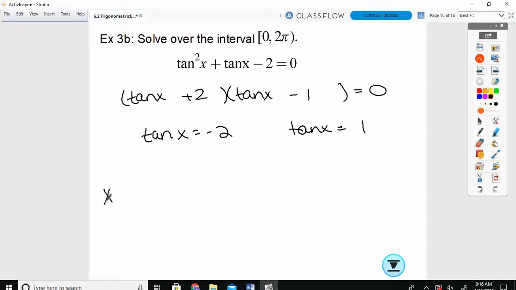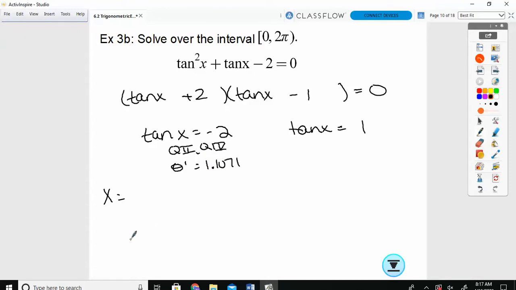So to find x, if tangent is negative, that could be quadrants 2 or 4. Reference angle. Do we know when tangent is 2? No. So you do it on the calculator. We are in radians still, so radian mode. You have to do tangent inverse of +2 to get your reference angle.